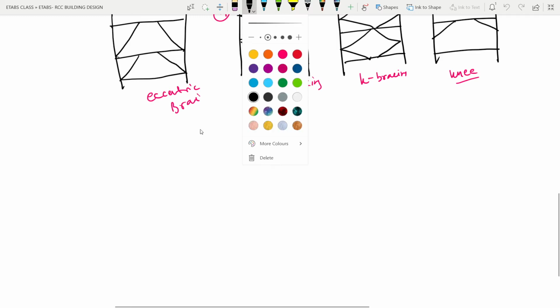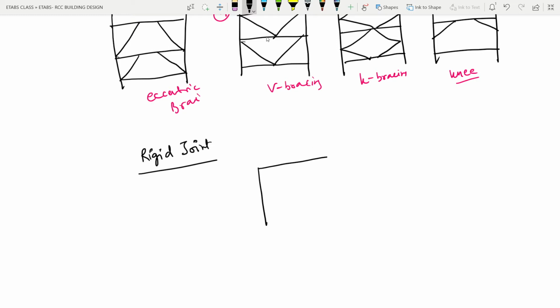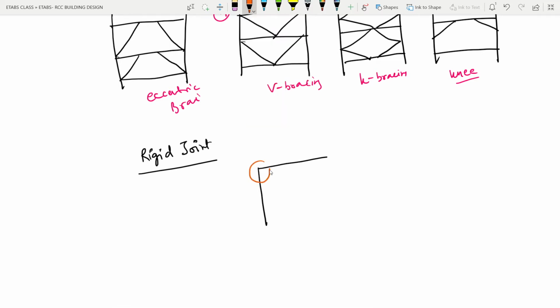So first I will write about the rigid joint. So rigid joint is a kind of joint. Suppose we have two members connected here, and we have got this particular joint, right? Now whatever force is coming on these two members, this joint should be capable of transmitting the full extent of the force.